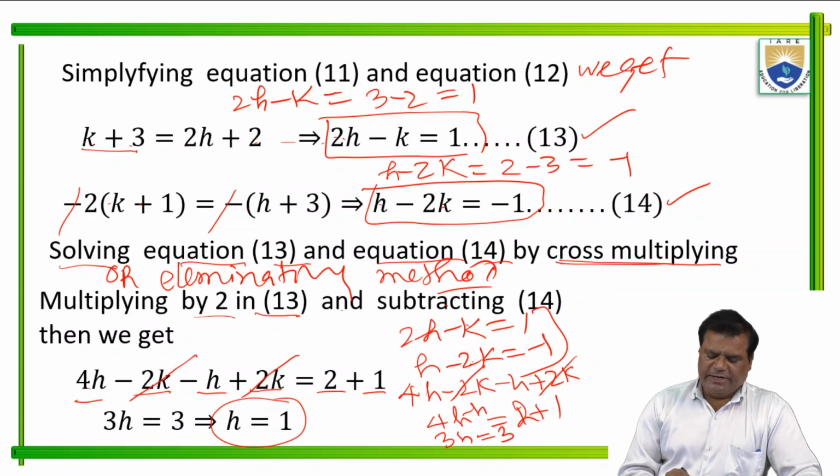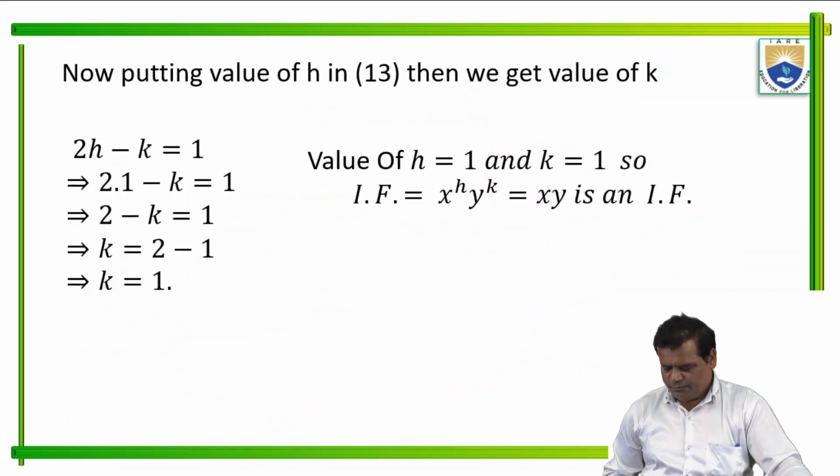Here 4h minus h is 3h, equal to 3, so h equal to 1.